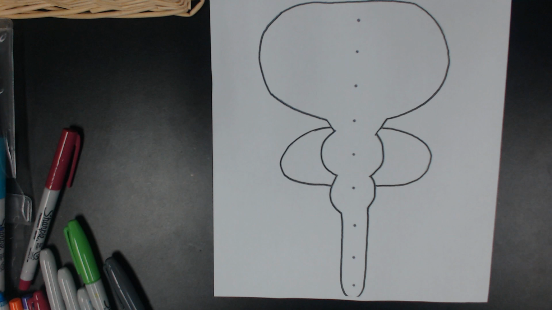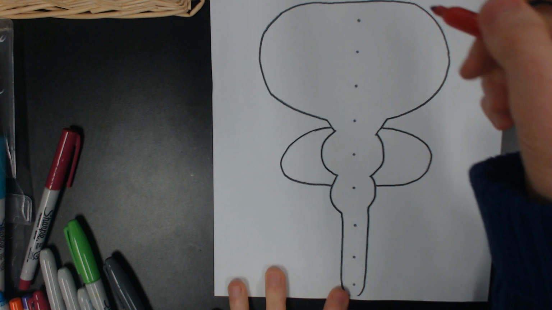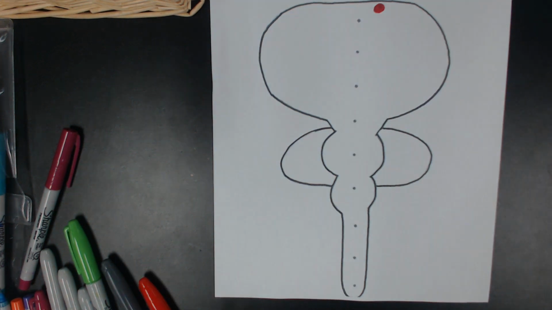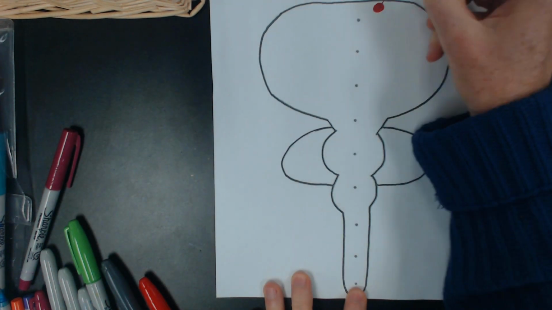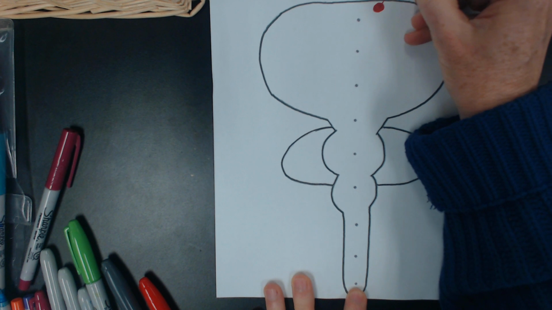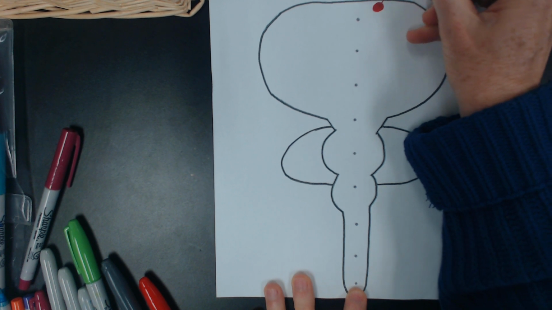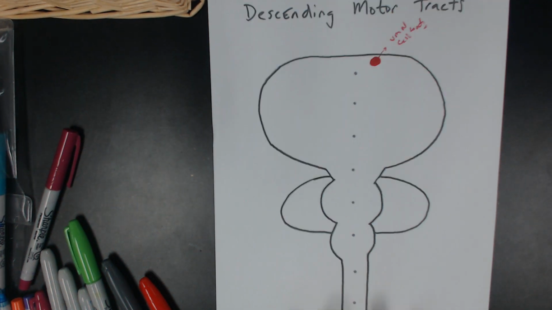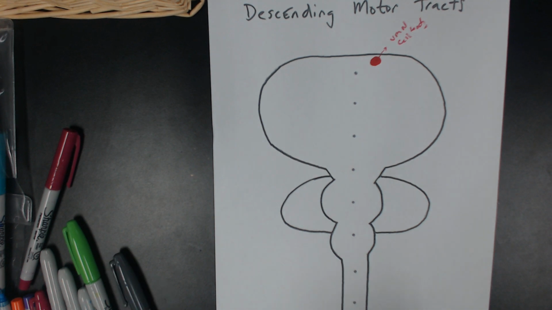And we had talked about the upper motor neurons, or the neuronal cell bodies that are located in the primary motor cortex, and they would be positioned right about here. So this is just an upper motor neuron cell body. There, okay, there's your upper motor neuron cell body sitting in M1. And that upper motor neuron cell body is going to send out an axon.